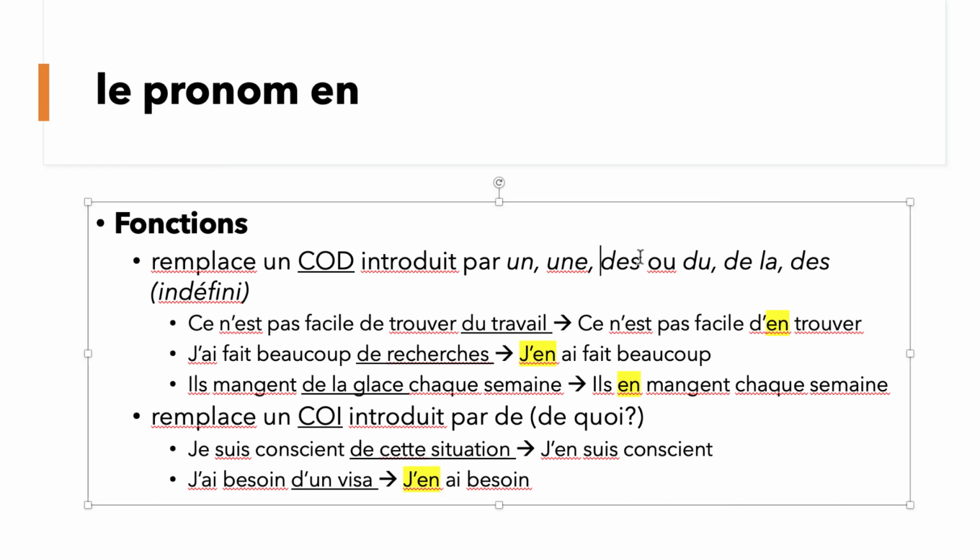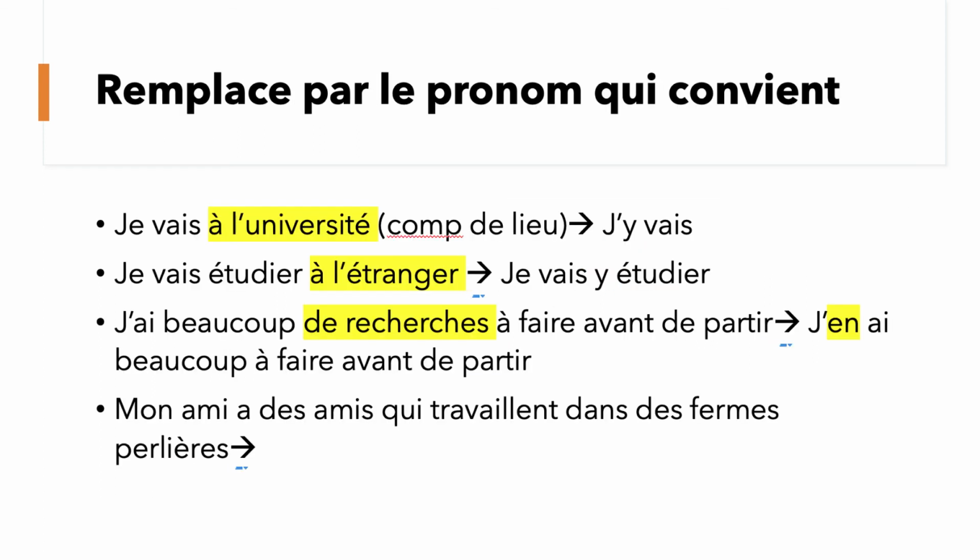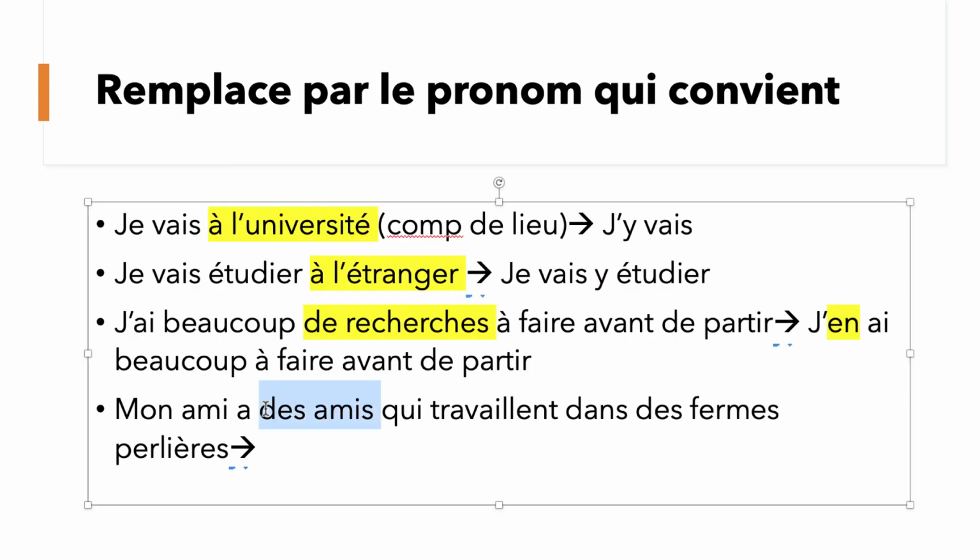Going back here, right? So this one is for sure I'm getting rid of. Qui travaillent dans des fermes perlières. So this is un complément de lieu because I'm asking the question où, right? Mon ami a des amis qui travaillent où? Dans des fermes perlières. Okay?